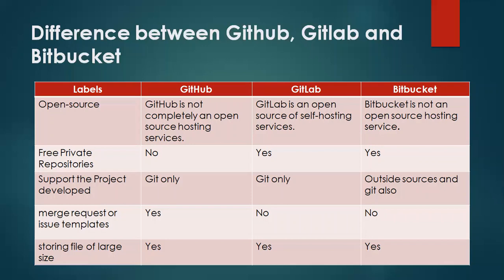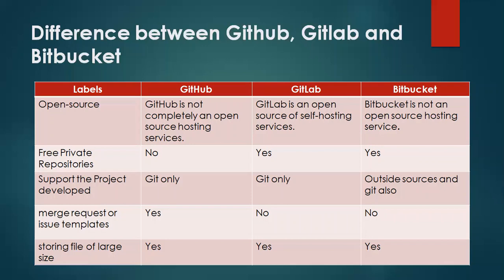Third, supported project development. GitHub supports only Git projects, and GitLab also supports projects developed on the Git platform. And on the Bitbucket platform, the user would be able to import projects from outside sources and even from Git repositories.